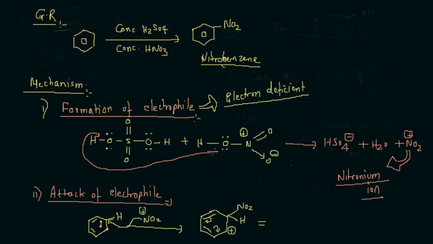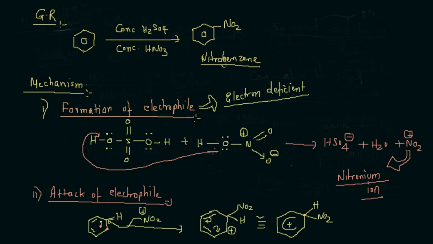Then it is being transferred over here, and finally we have a resonating structure which is called the sigma complex. Let me draw the structure. So this whole part gets a positive charge, and here it is H, and this is NO2.